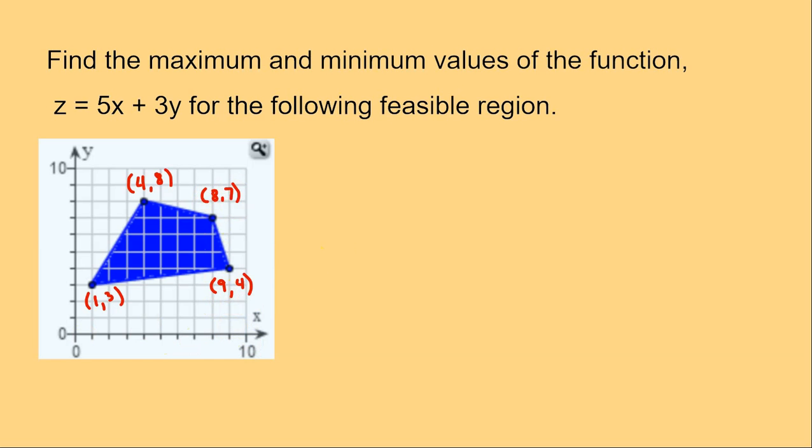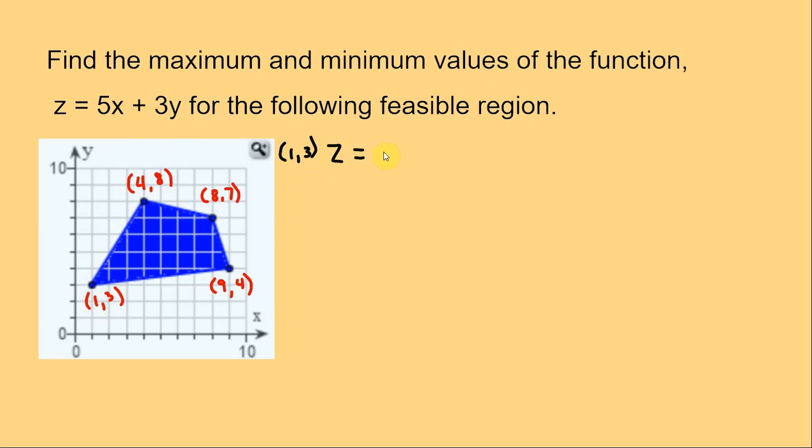To find the maximum and minimum values of the function, all I need to do is plug those coordinates into the function, and that's what I will do now. My function is z is equal to 5x plus 3y. So these coordinates, of course, are my x's and my y's, and I'm just going to take each one. So let's start with the coordinate of 1, 3.